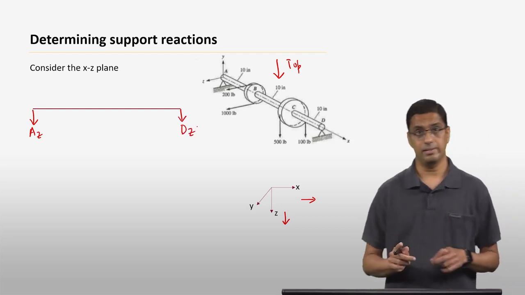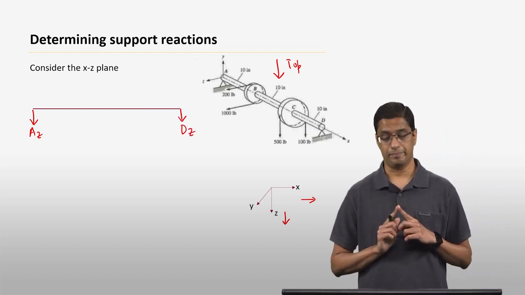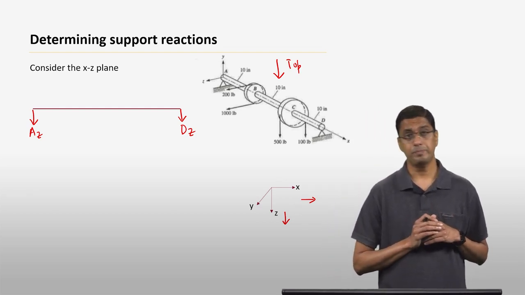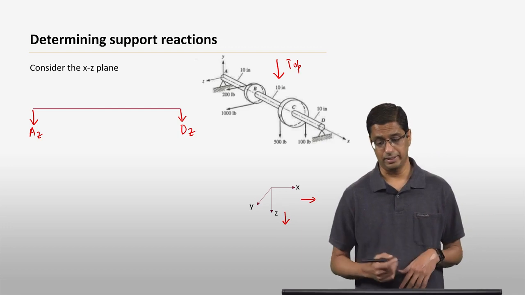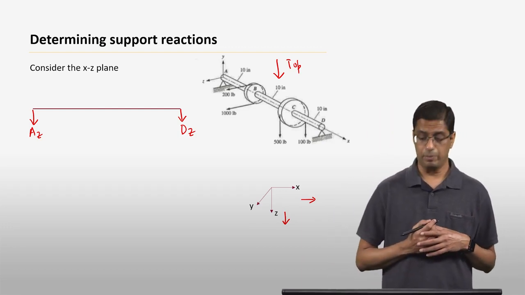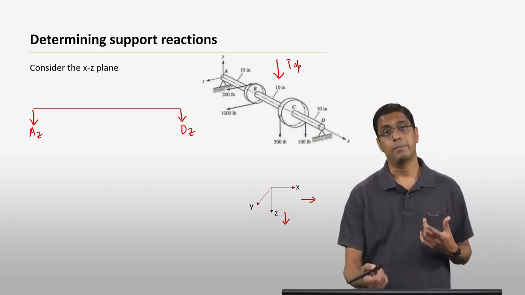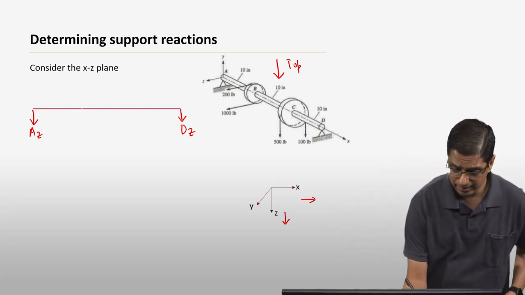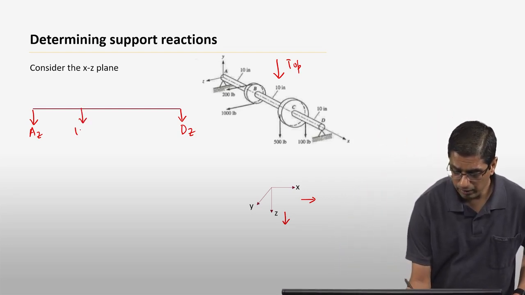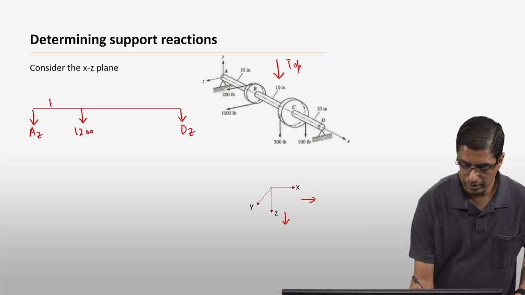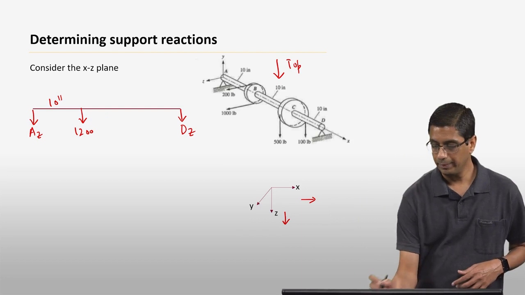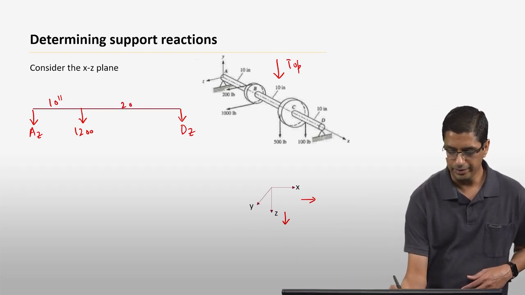But remember, this is the positive direction of z. We also have a force on the pulley B in the positive z direction, and the total force at point B is 200 plus 1000, which is 1200 pounds. That is acting at a distance of 10 inches from point A, and the distance from point B to point D is 20 inches.